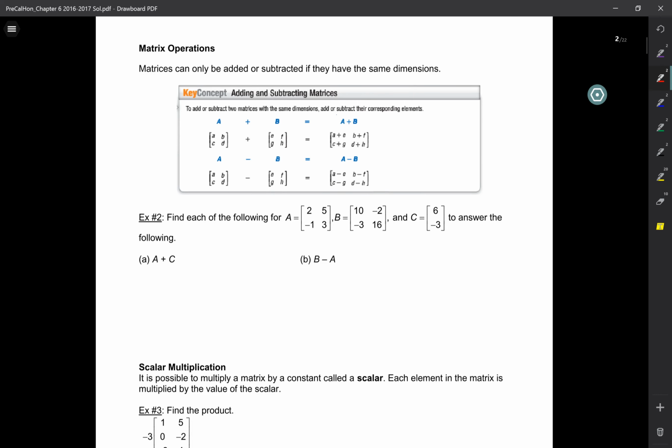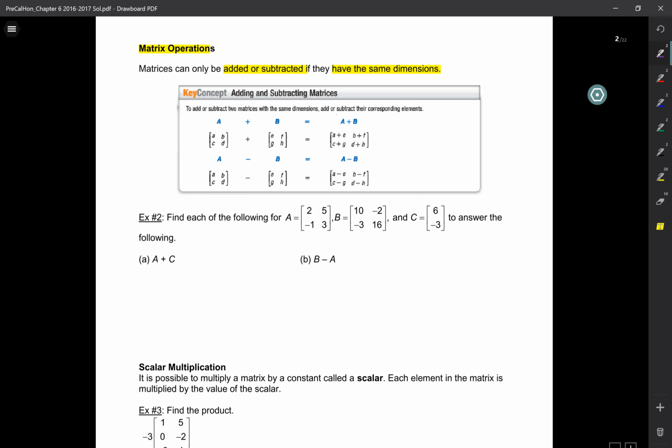All right, let's talk about matrix operations. First, adding and subtracting. You can add or subtract matrices if they have the same dimensions, and this is an all or nothing deal. So for example, if one matrix is a 2 by 4, then the other one has to be a 2 by 4 for you to even consider it. And how does the adding and subtracting work?